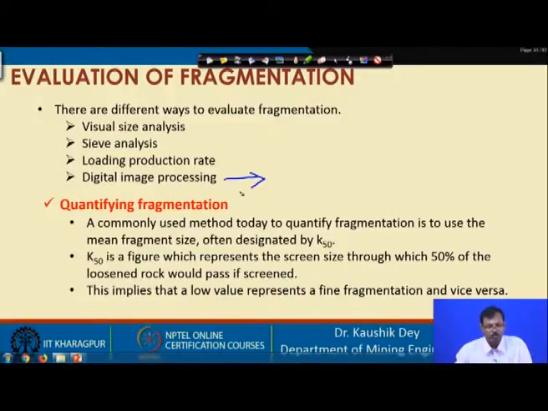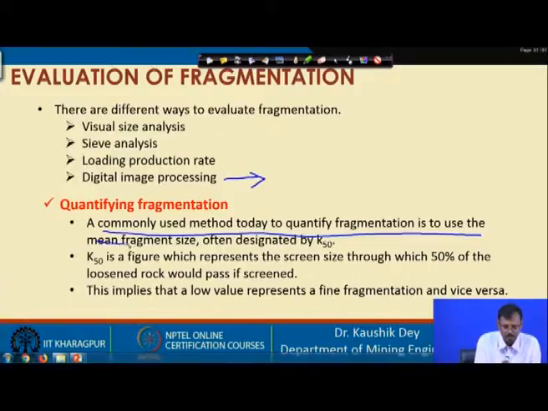We go for image analysis of these photographs through different software, and what does this software do? It tries to trace out the edges from these images and considers the equivalent areas created by these edges. This is the most commonly used method today to quantify the fragmentation, so that we can get the mean fragment size, which is called K50, and also the size distribution.